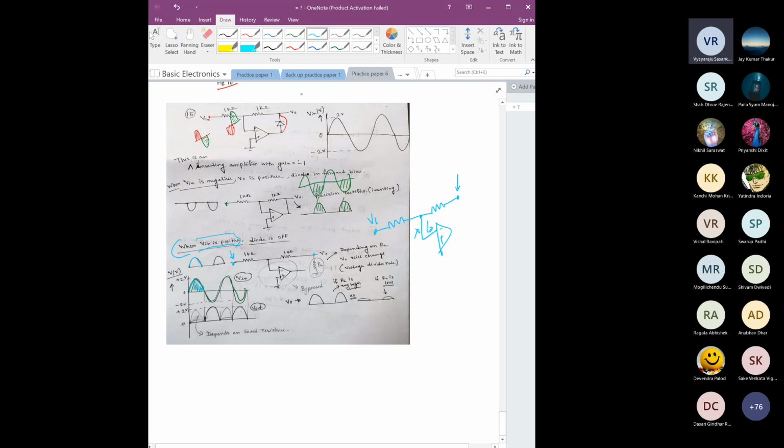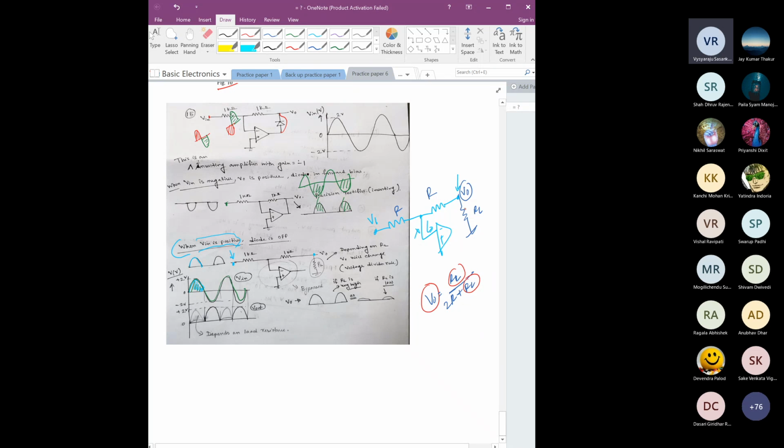But suppose now you have connected some resistance at this output, this RL value. Then what will be the value of this V naught? Say this is R, this is R. So V naught will be equal to RL divided by 2R plus RL. Now depending on the value of this RL, this output would vary.